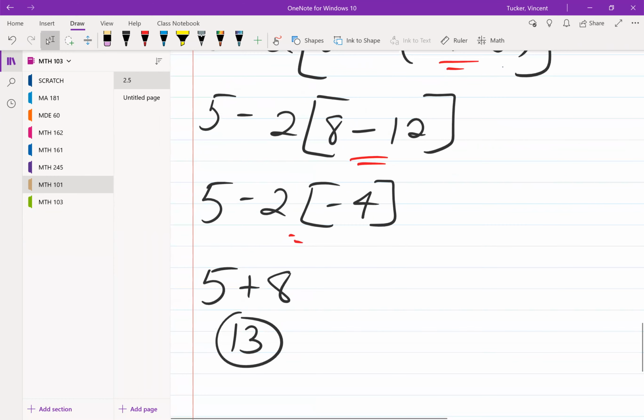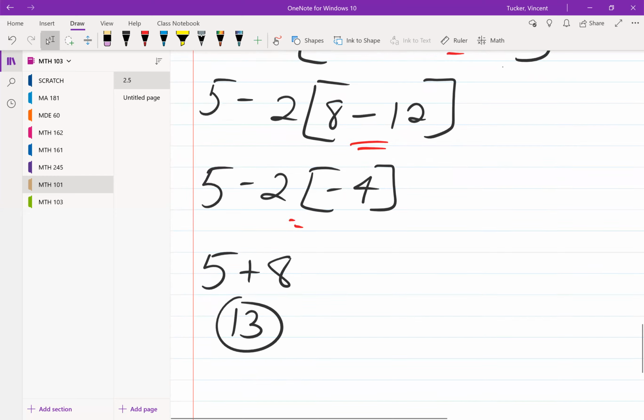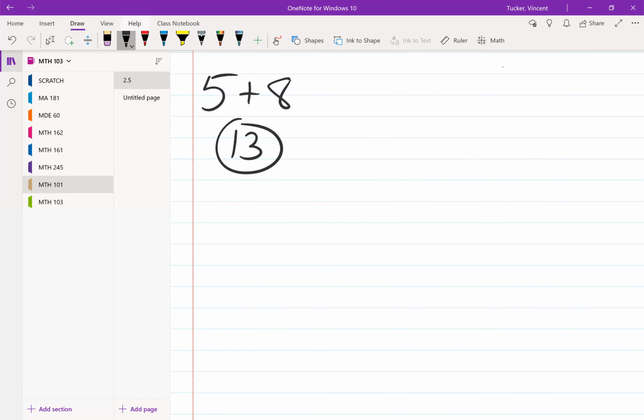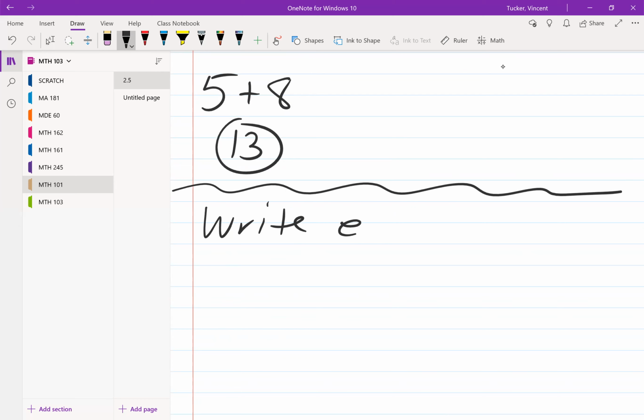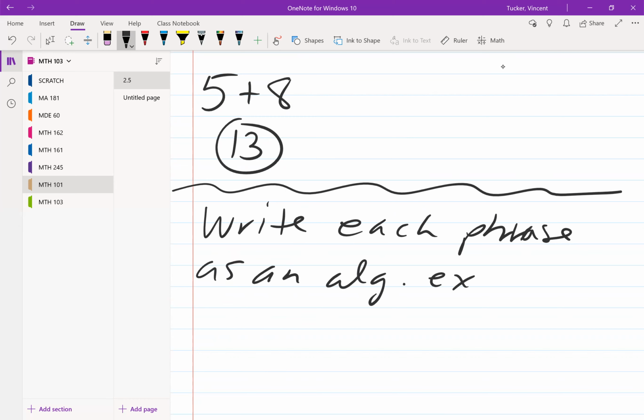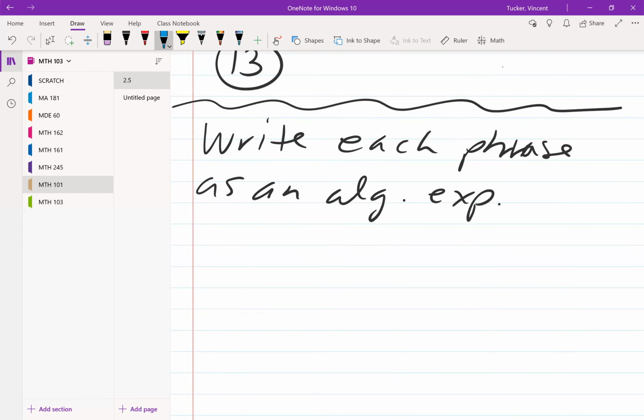All right. So let's look at the next type of problem that they give in this section. So they want us to write each phrase as an algebraic expression.